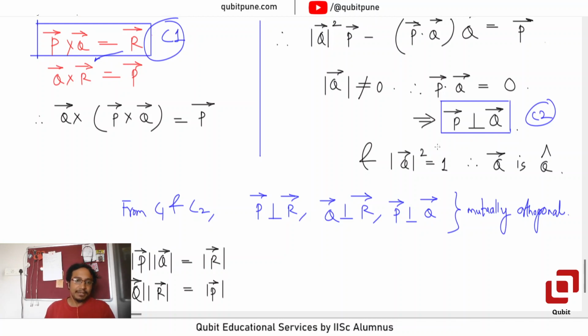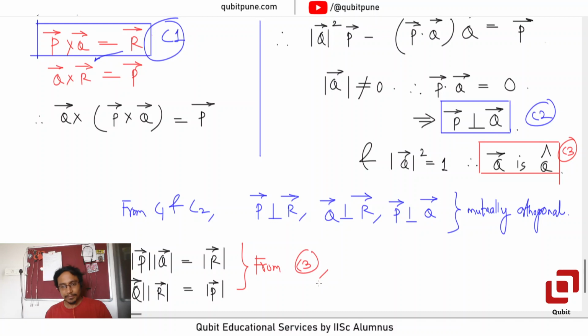I think now we can make use of the fact that Q bar is a unit vector. Let's call it C3. From C3, magnitude of P bar equals magnitude of R. Is that clear, or shall I explain it again? Clear or no?